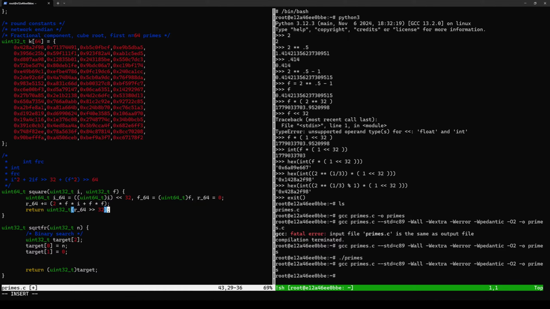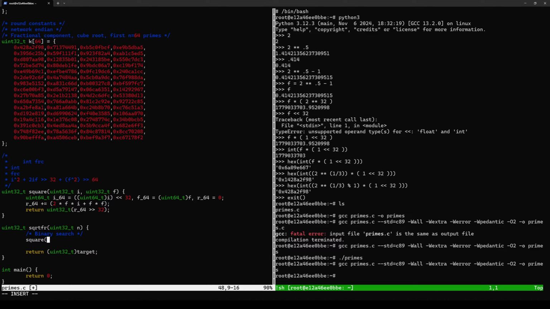And so the way we're going to test this is we are going to square some value. What are we going to square? It's the wrong type. For now, we are going to square 2.